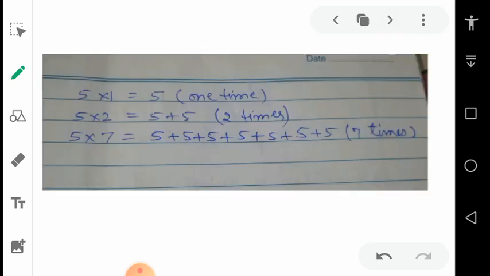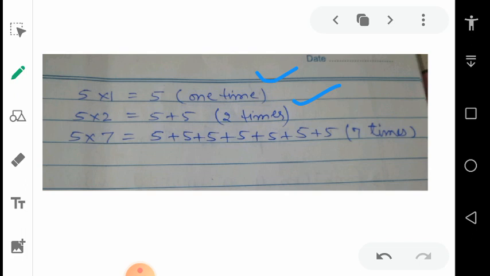Okay, for example, if we say 5 1s are 5, as you know, 5 is written only one time. If 5 2s are 10, it means 5 is added 2 times with itself, as 5 into 2 equals 5 plus 5. Next, 5 7s means 5 is added to itself 7 times.